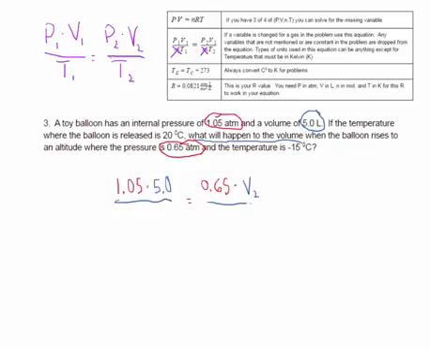Okay, then we just need to look at temperature. The temperature is 20 degrees Celsius, and then it goes to negative 15 degrees Celsius. Now just keep in mind, you can never use temperature in Celsius. It always has to be in Kelvin, no matter what type of problem you're doing.